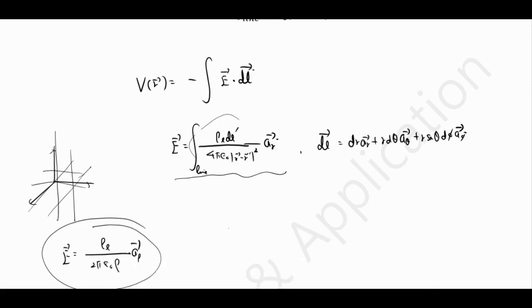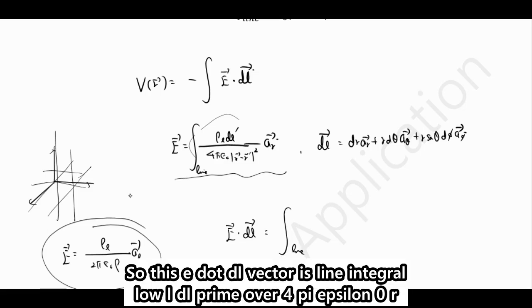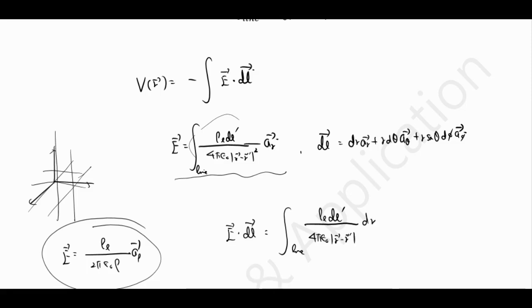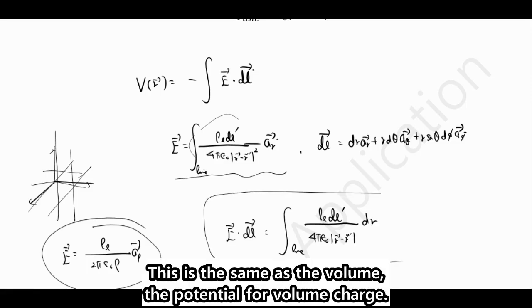So the integral of E dot dl vector becomes the line integral of rho l dl prime over 4 pi epsilon 0 magnitude r vector minus r prime vector. This is the same as the potential for volume charge.